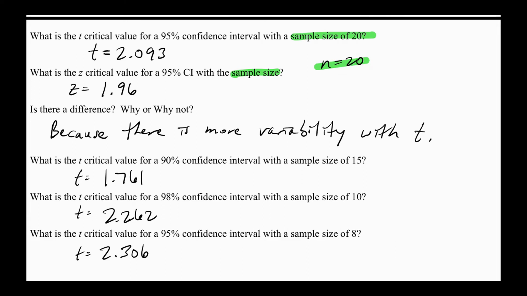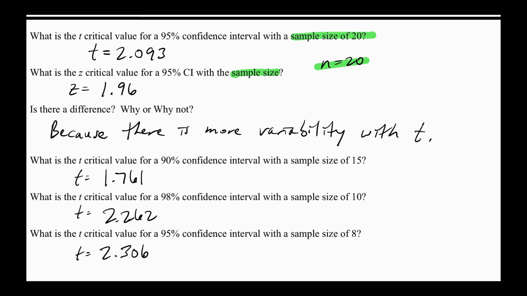How do you get those numbers? Did you subtract 1 from the sample size? Yeah, degrees of freedom. So 14. No, the first one's right. The last two? Yeah. 10, so it'd be 9 degrees of freedom, 98%. 2.821 is what I have.